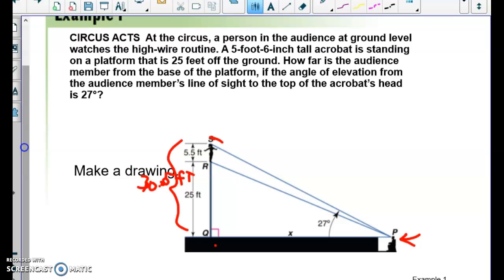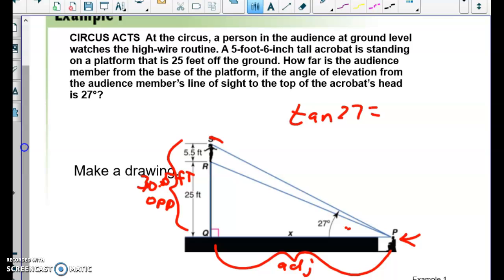What I want to find here is how far from the ground am I from right below them, okay? And so this, since this is my angle over here, this would be the opposite side. This would be the adjacent side. So I'm going to say the tangent of 27 degrees is equal to the opposite over the adjacent.